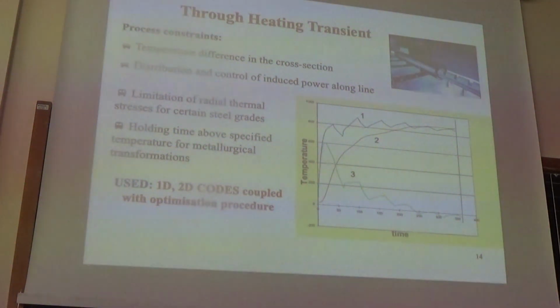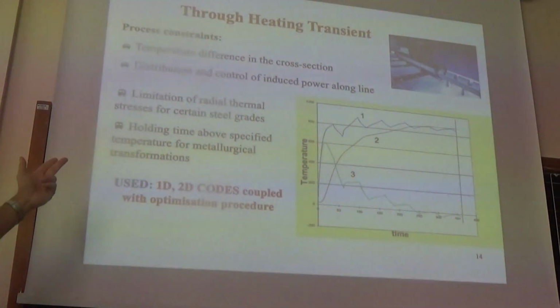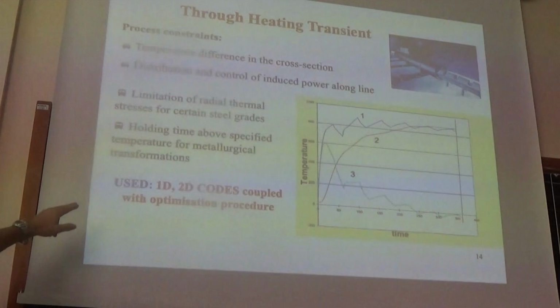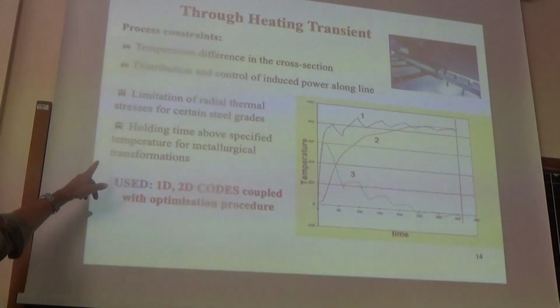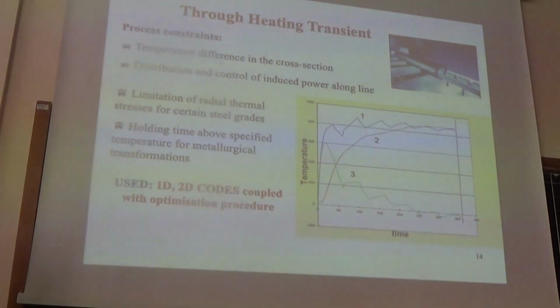So usually the process constraints are the temperature difference in the cross-section, the distribution and the control of induced power along the line, the limitation of radial thermal stresses for certain steel grades, and this is due to the temperature difference in the cross-section, and the other parameter is holding time above a specified temperature for metallurgical transformations.